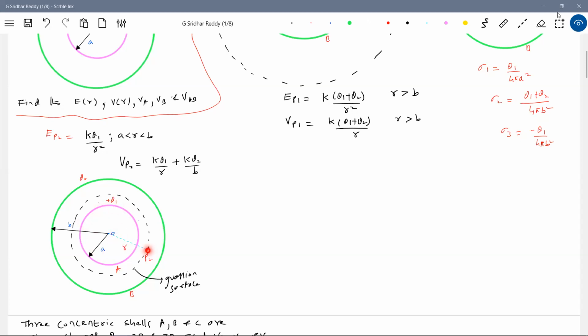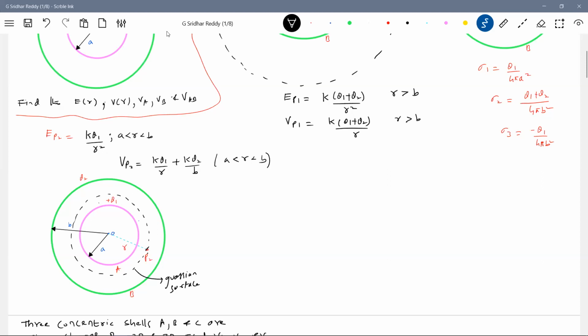Then point P2 lies inside the shell, and what is the potential inside the shell? That on the surface. Anybody having doubt, please clarify. Strictly, there is a condition for R: R should be less than B and greater than A. Okay, so this is about the potentials.